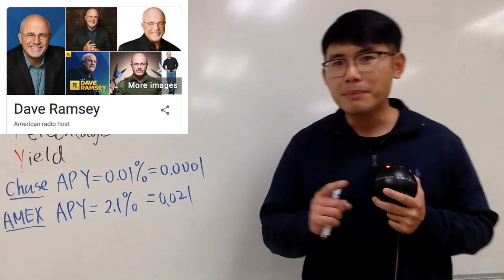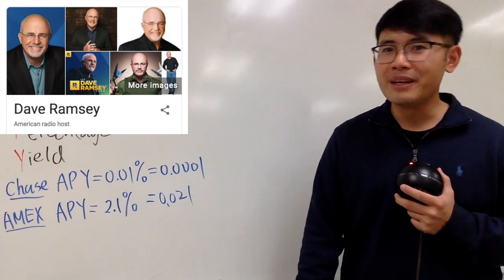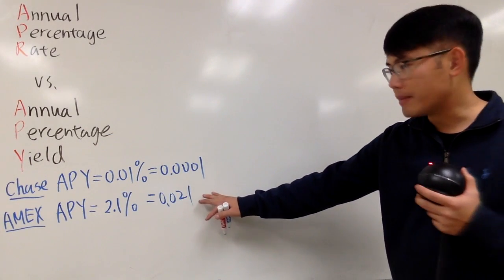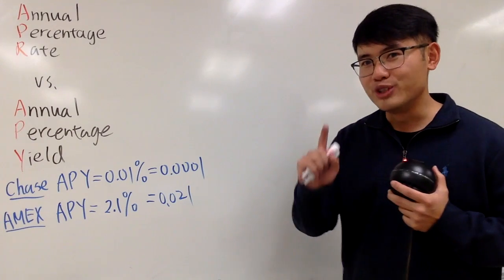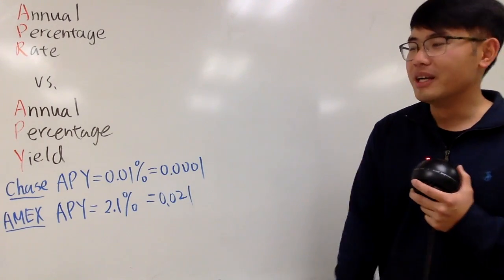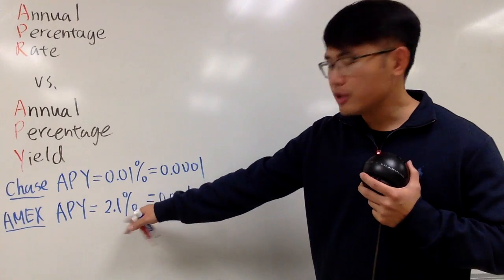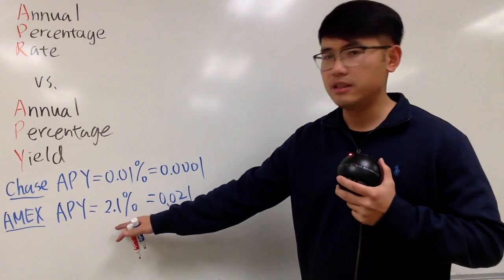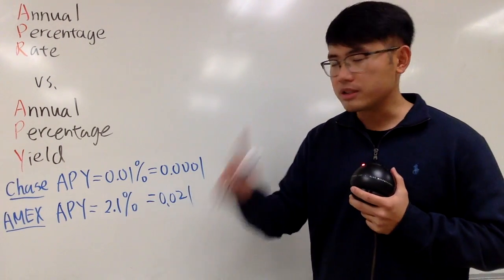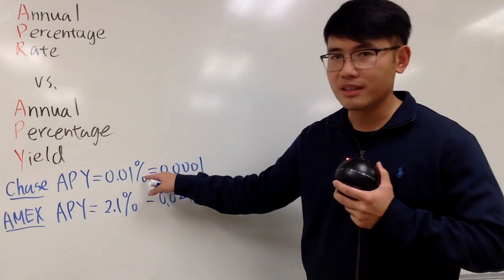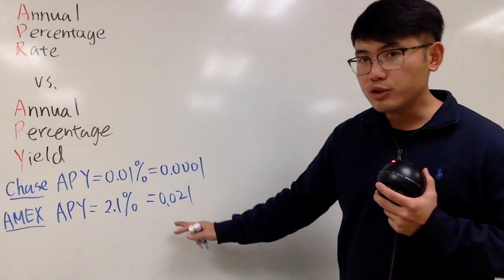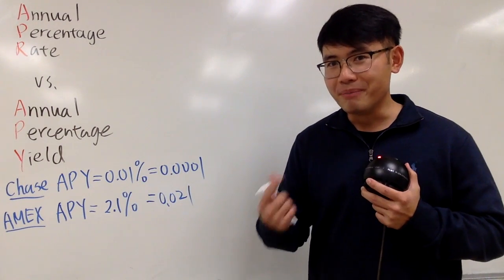And shout out to Dave Ramsey because I have learned a lot from him, and I put some money in this account for my emergency fund. So again, shout out to Dave Ramsey. Some people might be wondering, you don't earn much interest from this. It's just 2.1%. First, it's better than 0.01%. Second, for an emergency fund, you are not trying to make money out of it.